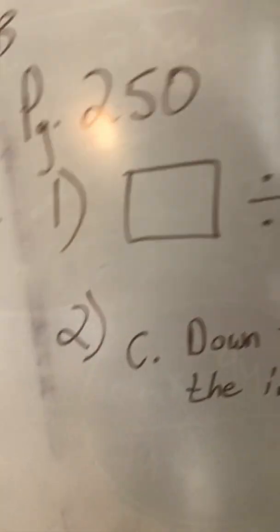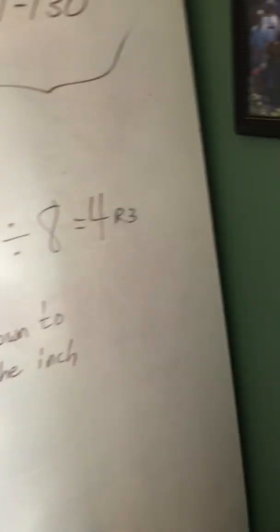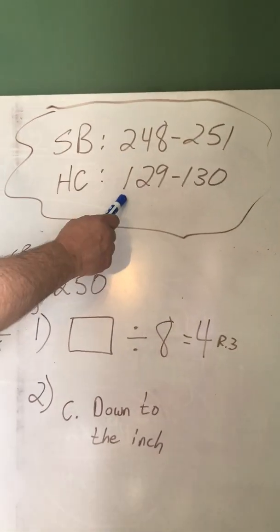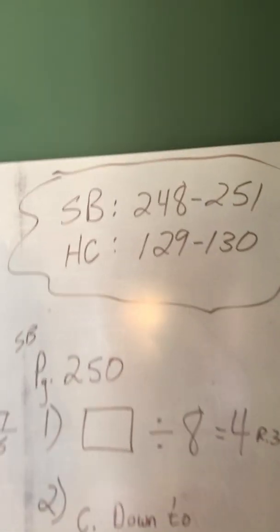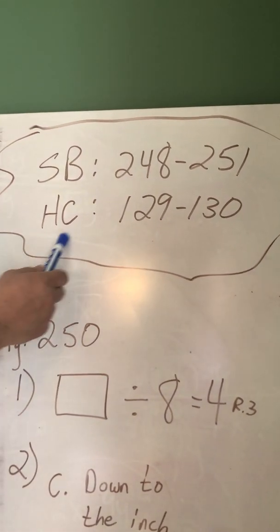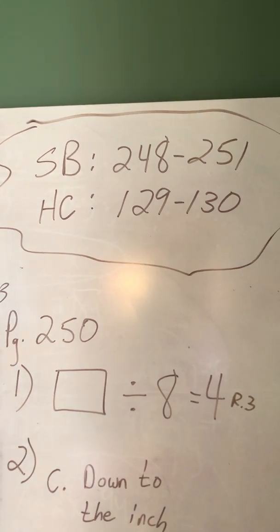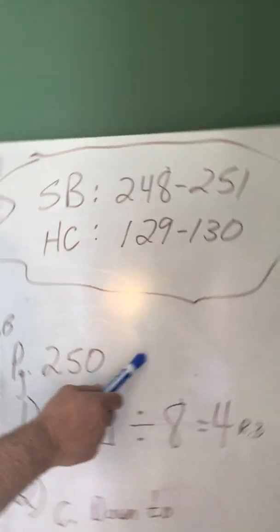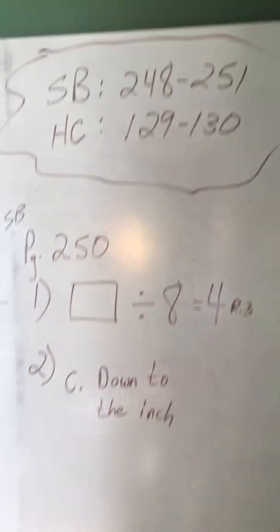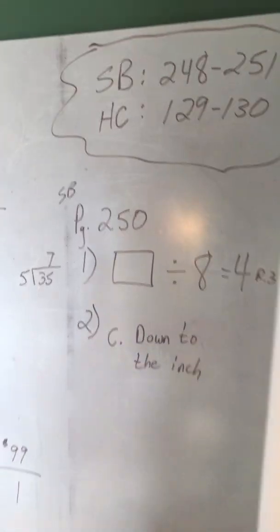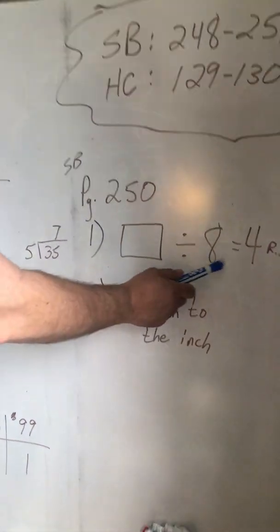So cool. All right, a couple things. We're almost done. Here is your homework to finish Unit 6: Student Book 248 to 251, Home Connections 129, 130, and you will be done with Unit 6. Now, I wanted to show you, just for fun, on page 250 in your student book, you have a problem like this.